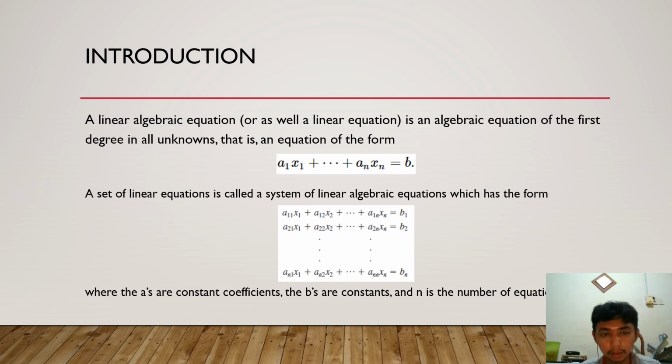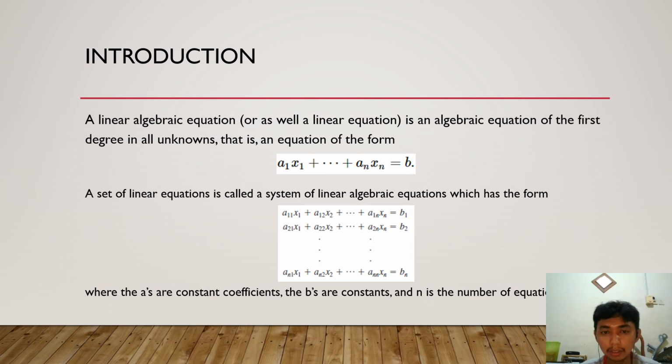A linear algebraic equation, or as well a linear equation, is an algebraic equation of the first degree in all unknowns. This equation is of the form a1 times x1, plus and so on, until an times xn is equal to b, where x1 is an independent variable.